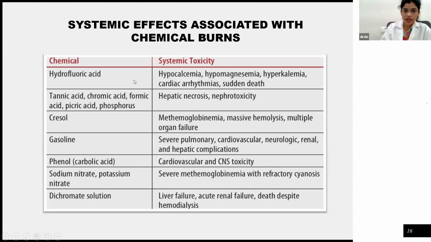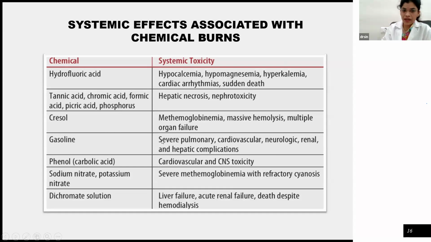Hydrofluoric acid, like we discussed, the systemic toxicity that is seen is hypocalcemia, hypomagnesemia, hyperkalemia, cardiac arrhythmias, and sudden death. And in case of tannic acid, chromic acid, formic acid, white phosphorus, there is nephrotoxicity as well as hepatic necrosis. And in case of cresol, methemoglobinemia is usually encountered.